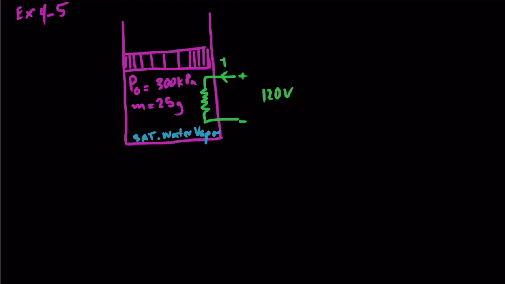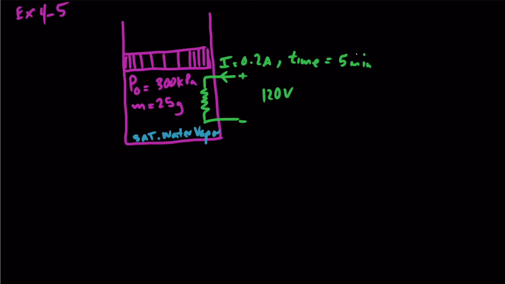But the current that's passed in, due to this voltage potential and the resistance heater, is equal to 0.2 amps. And the time lapse is equal to 5 minutes, so it's turned on for 5 minutes.